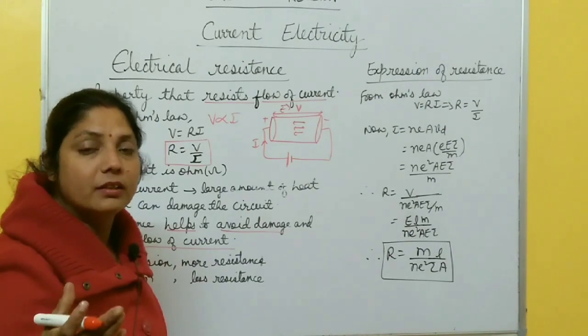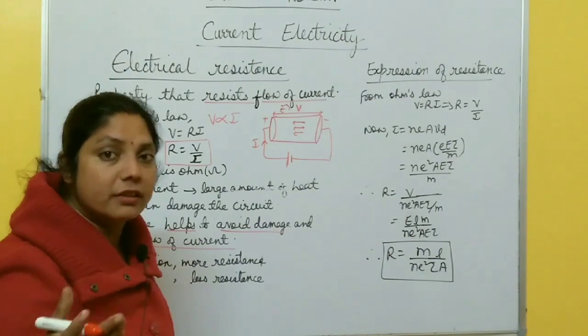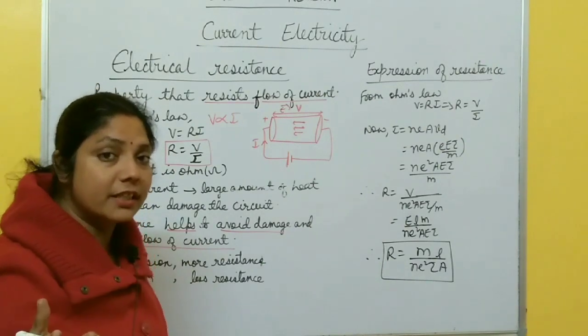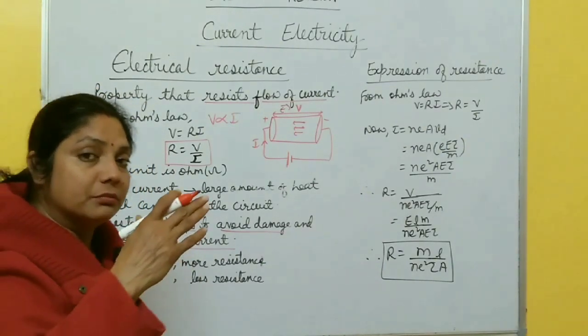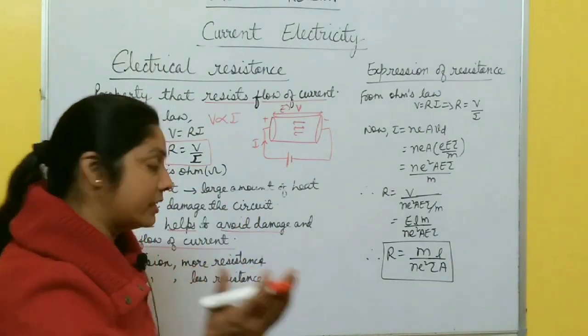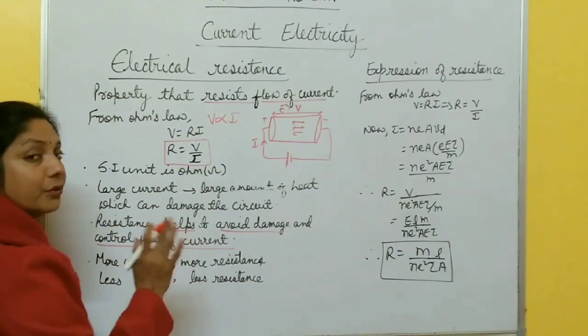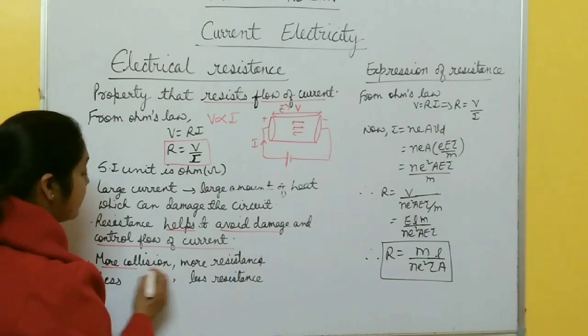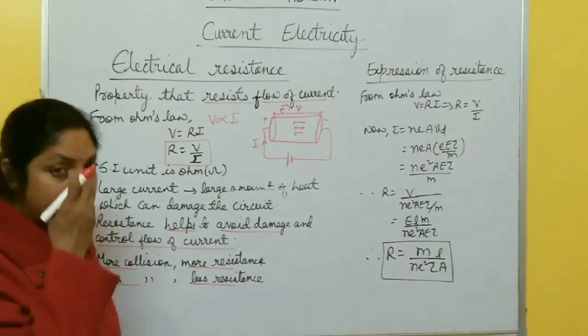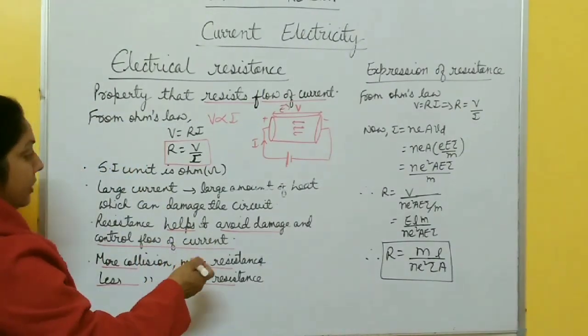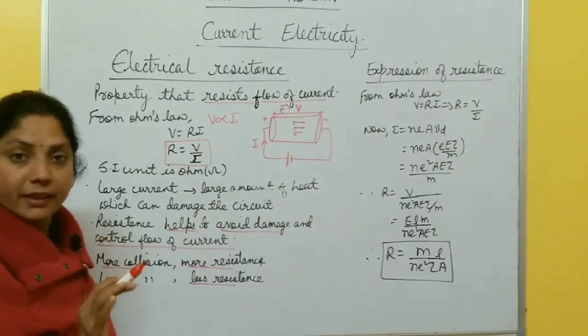More collision means the velocity decreases and the current also decreases. So more collision means more resistance, and less collision means less resistance. In this way you can define resistance.